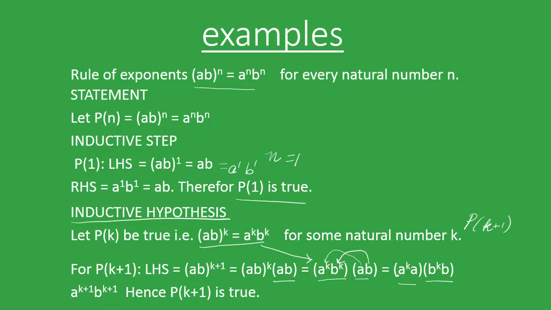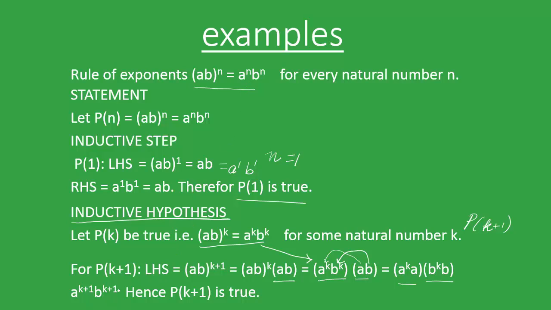As you can simply work out from this, the first term is equal to a to the power k plus 1, and the second term is equal to b to the power k plus 1, which is equal to the RHS if you put n equals k plus 1 here.